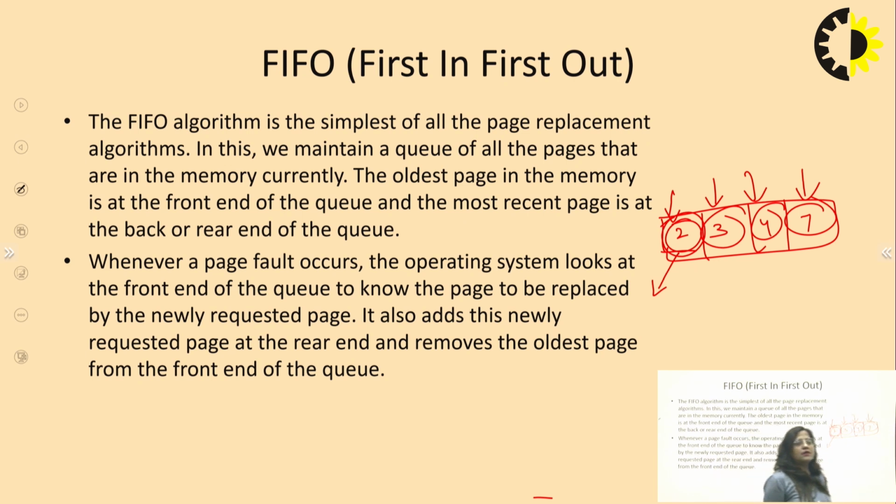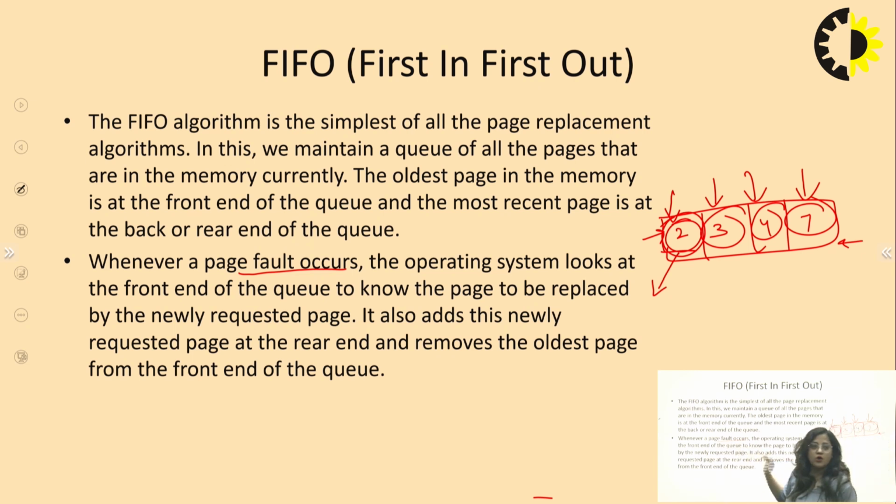Whenever a page fault occurs, the operating system looks at the front end of the queue. This is called the front end, and this is called the rear end of the queue. So whenever a page fault occurs, it means your demanded page is not found in your page table.